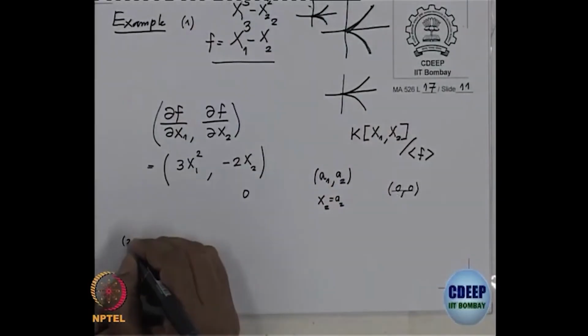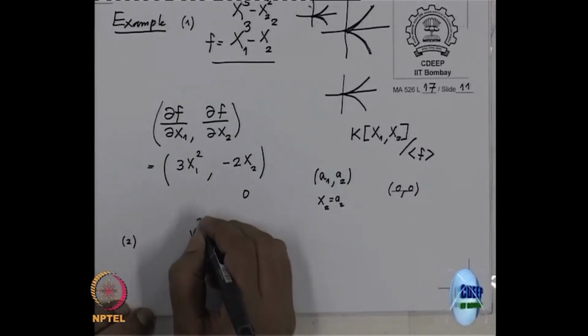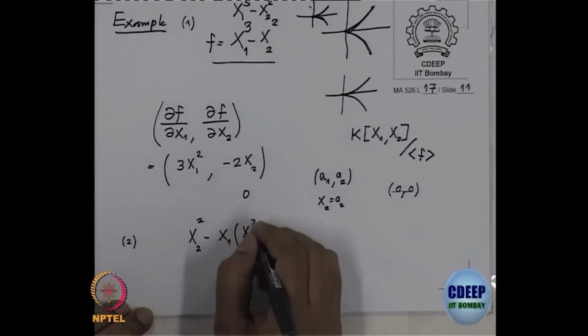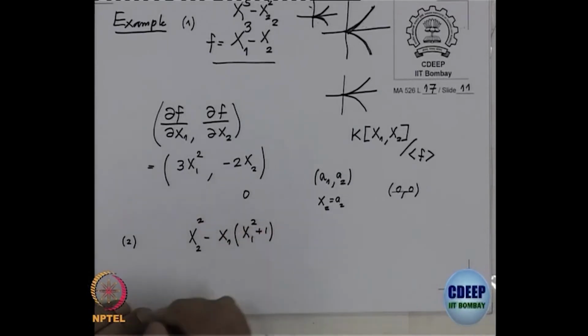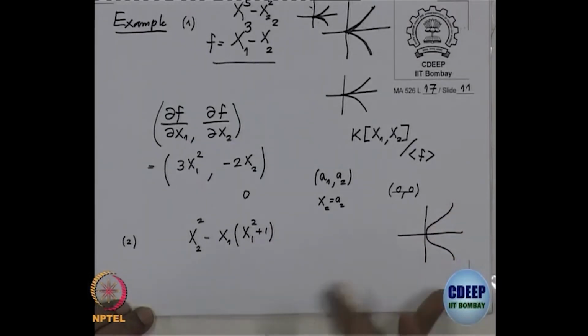Okay, one more. For example, if you take now the other example, that is x2 square minus x1 cube plus x1. Remember, this picture was something like this. In the picture you can see there is no singular point.